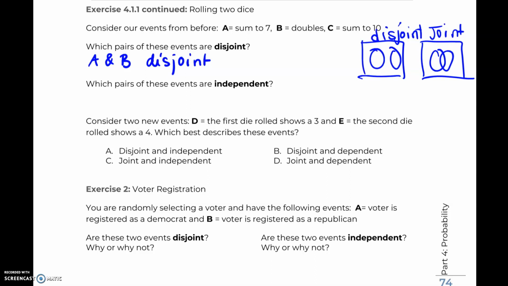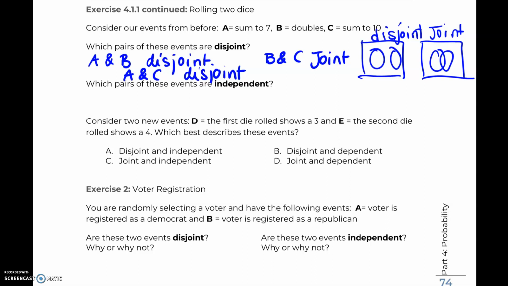Yes, that's possible, because we could have a 5 and a 5 that would add up to 10. So B and C are joint, because 5, 5 is in both events. That's our overlap. And then could we have a sum of 7 and a sum of 10? No, that's not possible. So A and C are also disjoint.